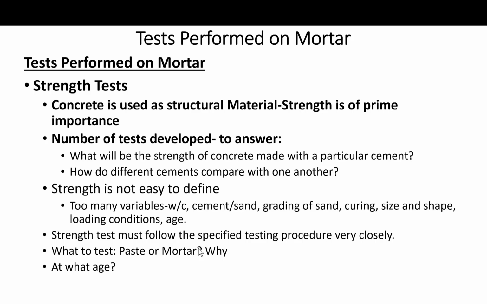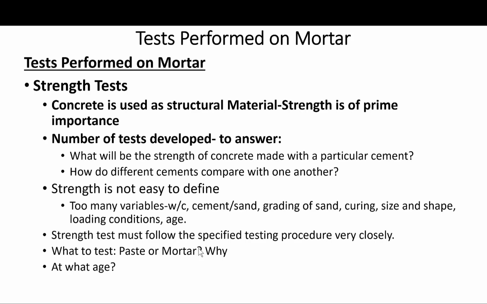The factors that can influence the measurement of strength include, if you remember, I showed a slide where I said it's easier to say what does not affect the strength than what does. So the factors that affect it: water cement ratio, cement sand ratio, type and grading of sand, manner of mixing and molding of the specimen, curing conditions, size of the specimen, shape of the specimen, moisture content at the time of test, loading conditions, and age.